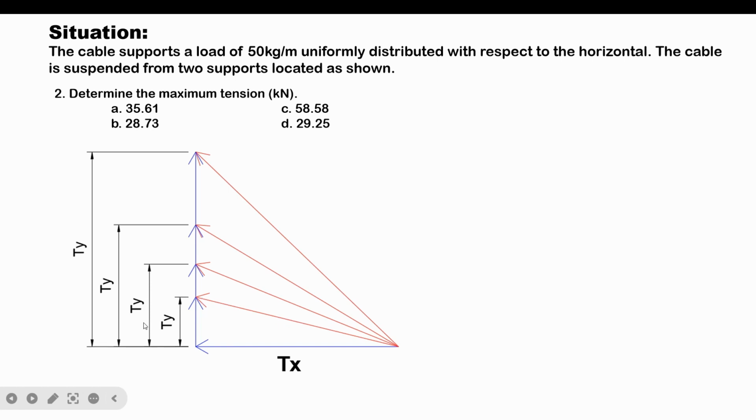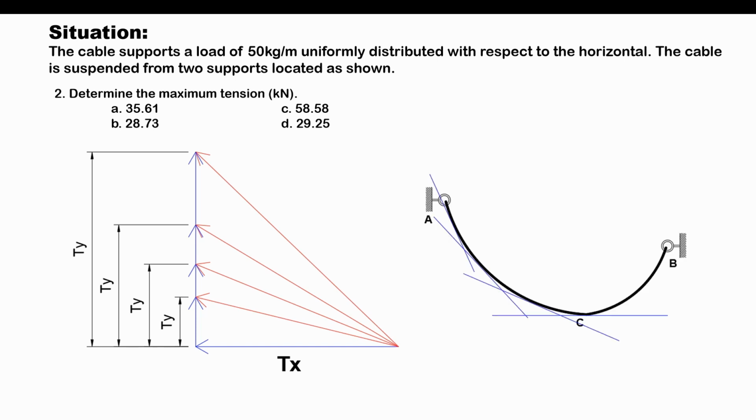Likewise, if the vertical component gets bigger and bigger, the resultant also becomes steeper and steeper. So let's also consider the parabolic orientation of the cable. If we were to draw the tangents at different points along the cable, we will have this figure right here.